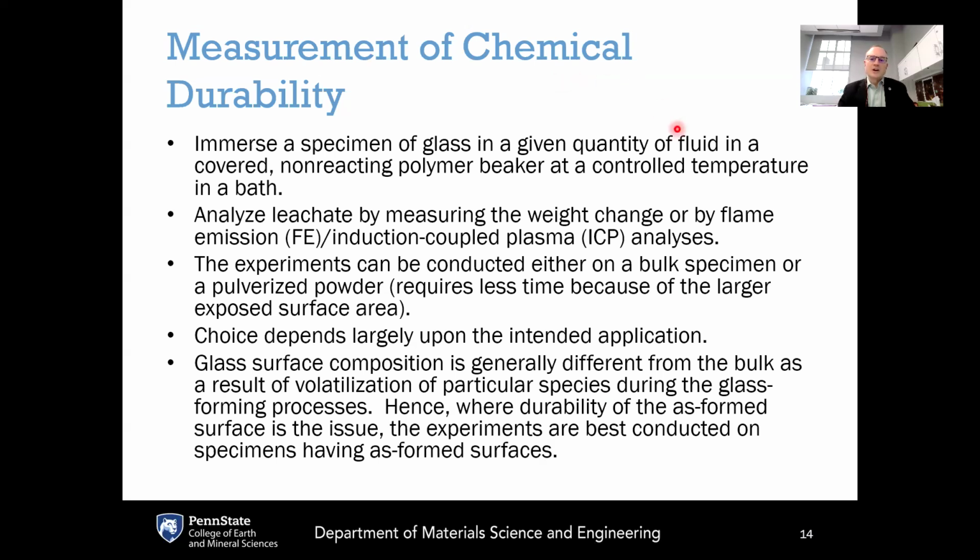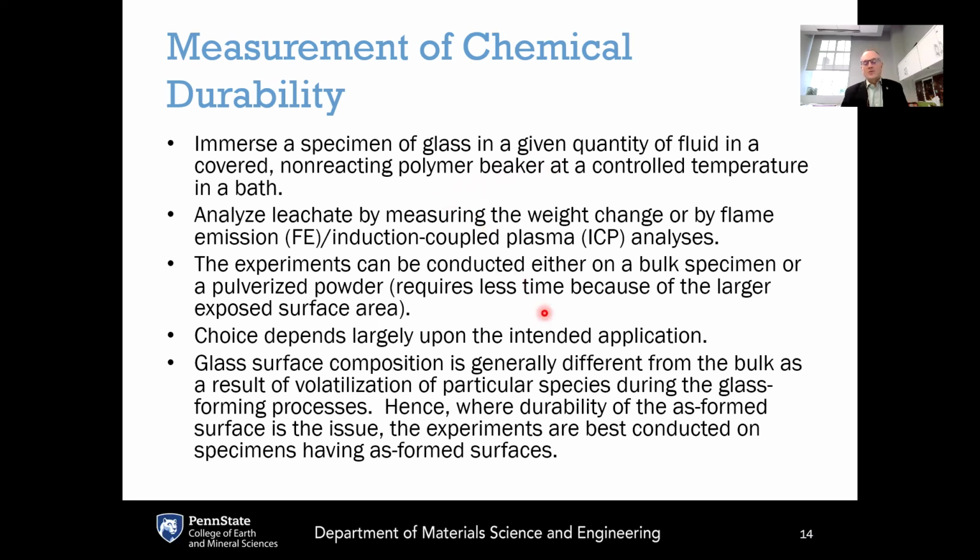This is being done under controlled temperature conditions. And then after a given amount of reaction time at that temperature, some leachate is collected and then analyzed using wet chemical analysis techniques such as flame emission or inductively coupled plasma analyses.